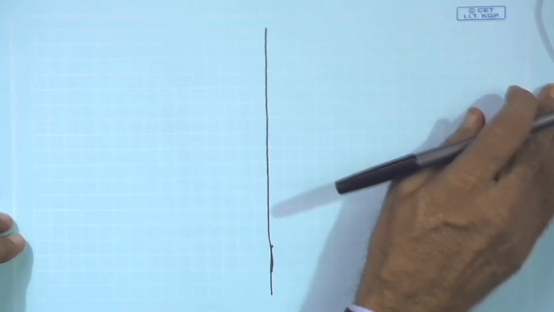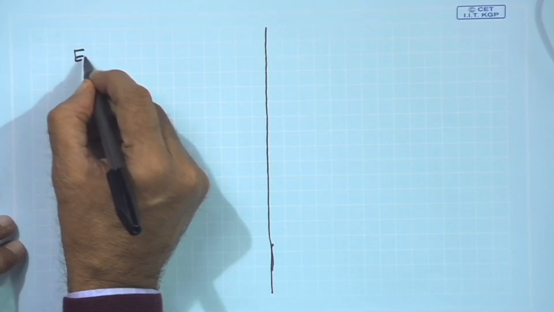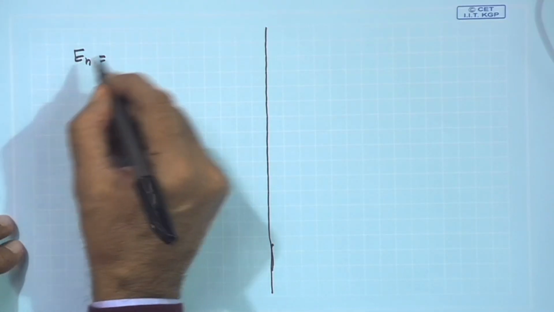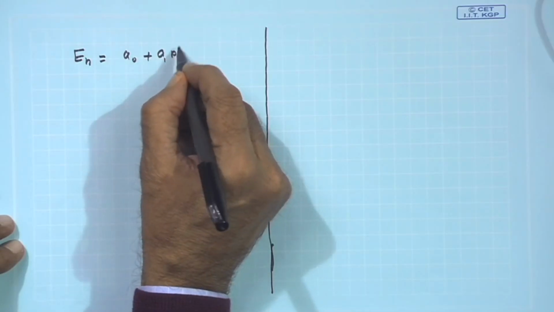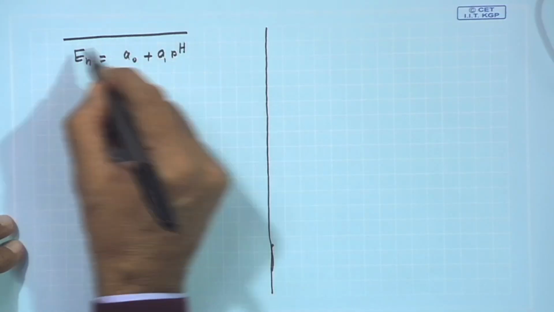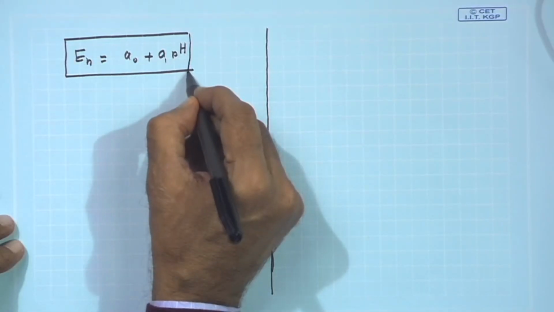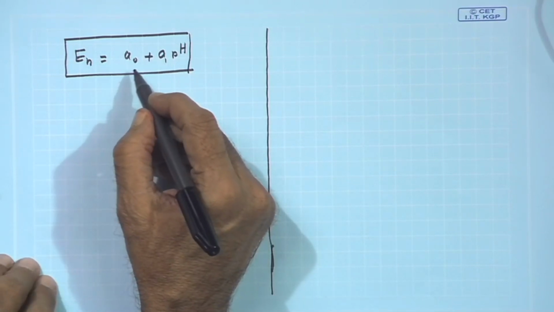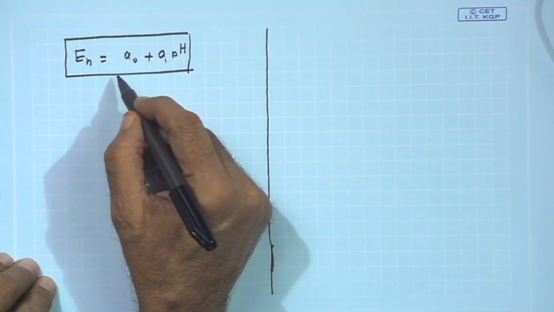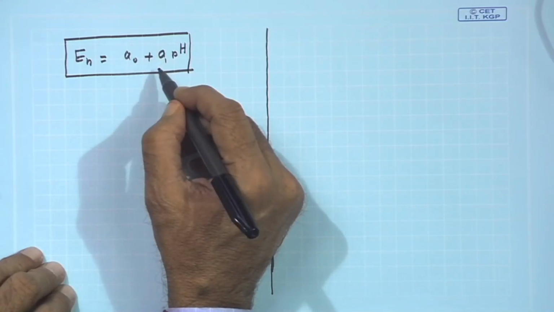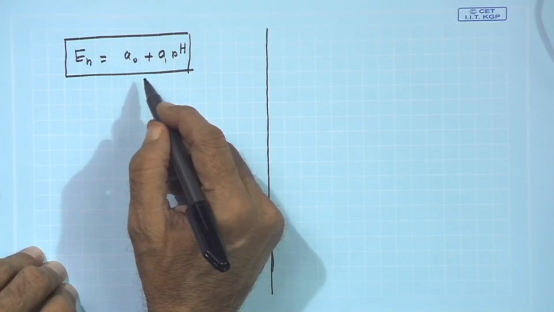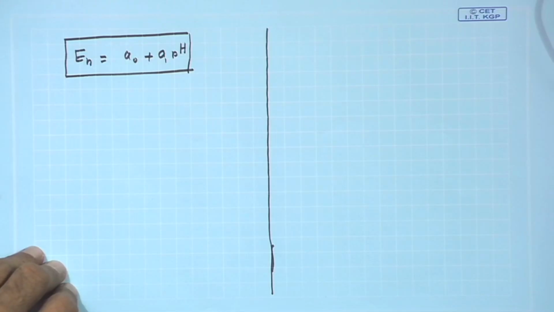Or we can put it almost like a straight line equation, Eh is equal to A0 plus A1 pH, where these are the parameters which are coming from E0, which is delta G0 of the reaction by nF, and A1 is coming from the equilibrium constant and other species which are considered.